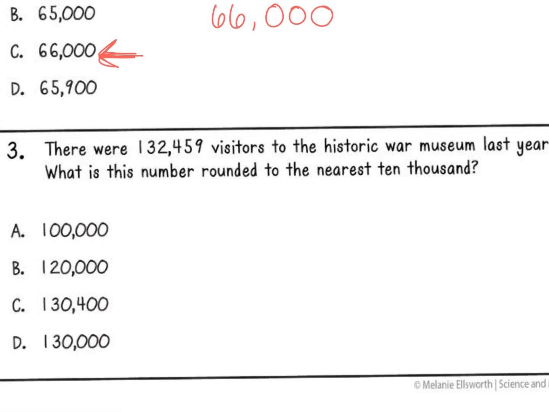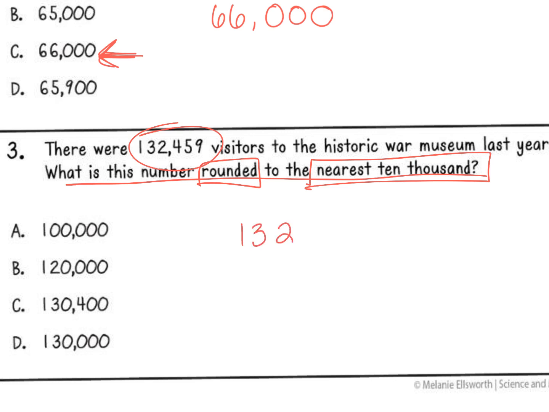Okay, last one for this one. There were 132,459 visitors to the Historic War Museum last year. What is this number rounded to the nearest 10,000? So 132,459. What digit is in the 10,000s place? 3.